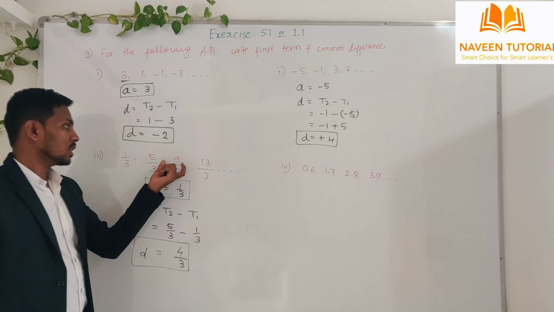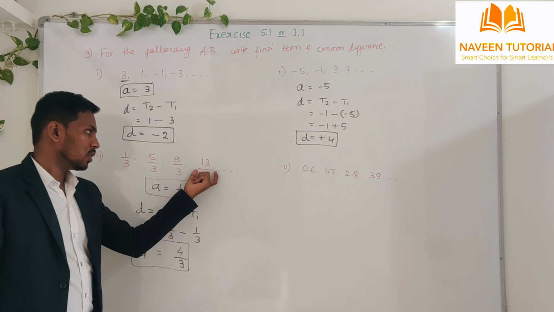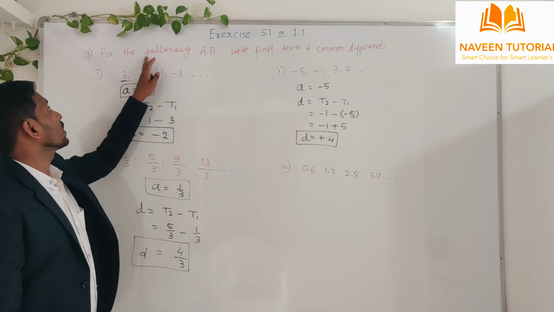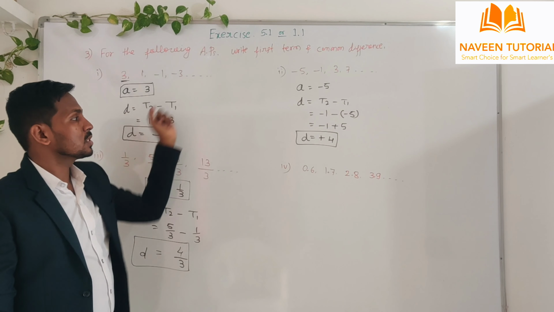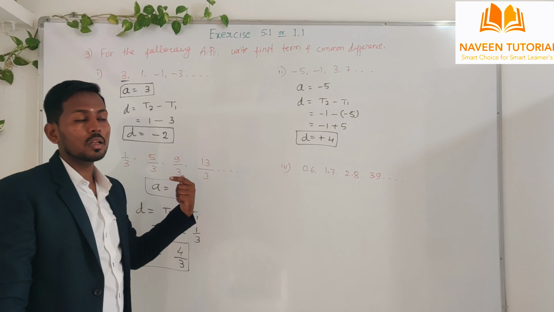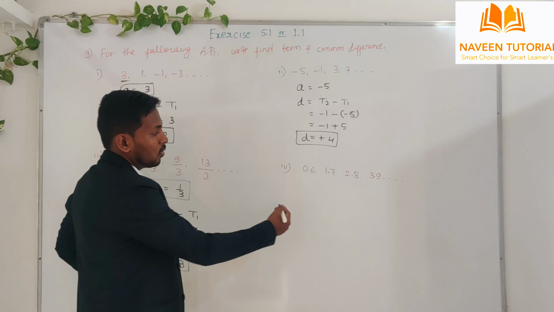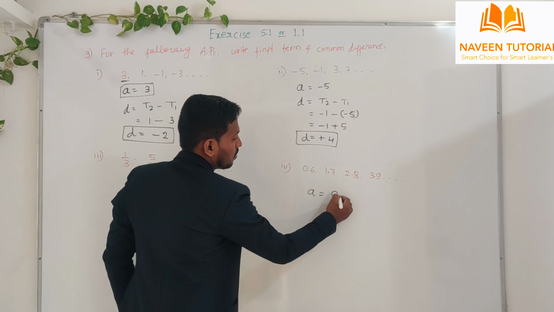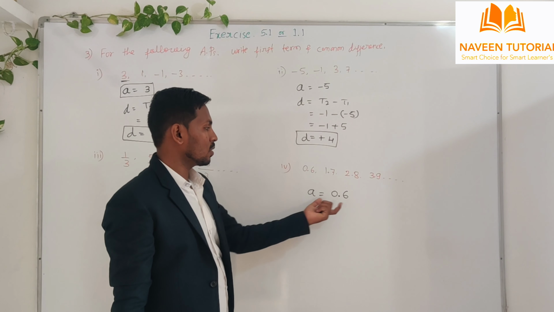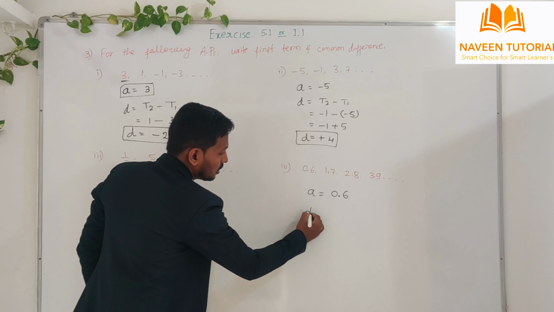No need to cross check T3 minus T2, T4 minus T3, because the question itself says the following APs. This means all the given questions are in AP. Now we move to the fourth question. A is equal to 0.6, the first term is 0.6. Now we have to find the common difference.